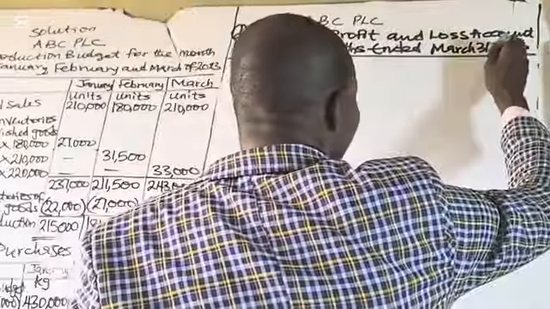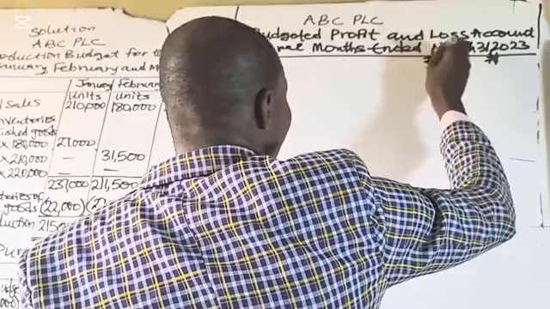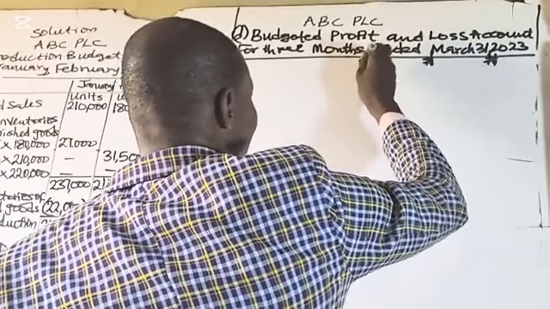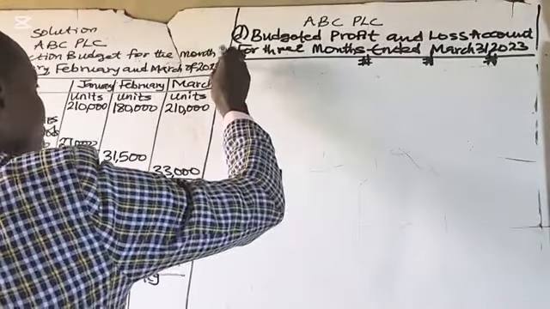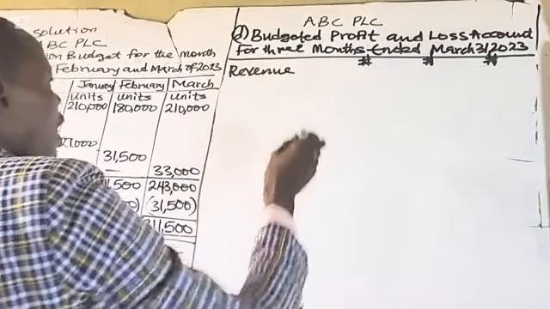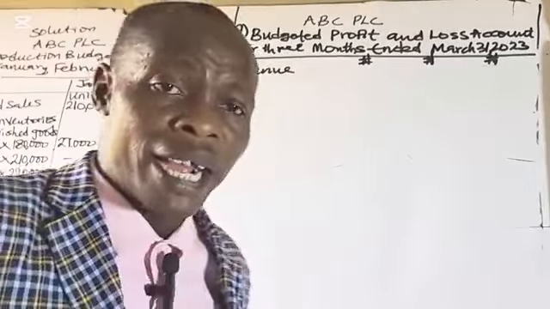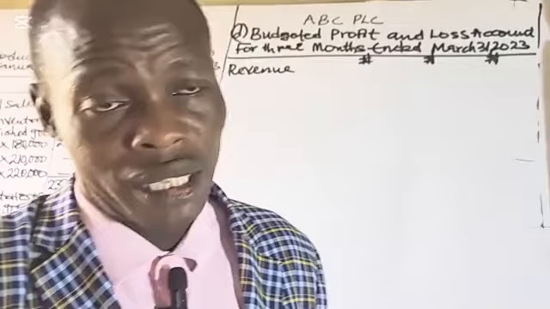Remember, your profit or loss, the starting point is always the revenue. Revenue should be the starting point. Remember, your profit or loss is prepared in line with accrual basis, not cash basis.